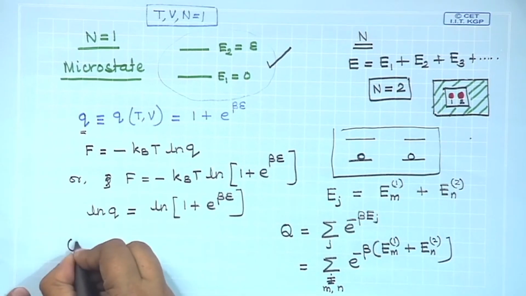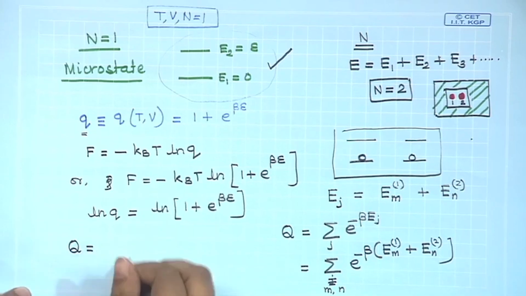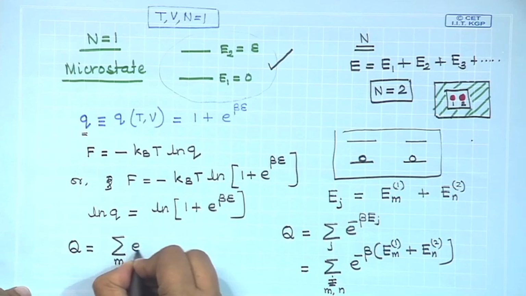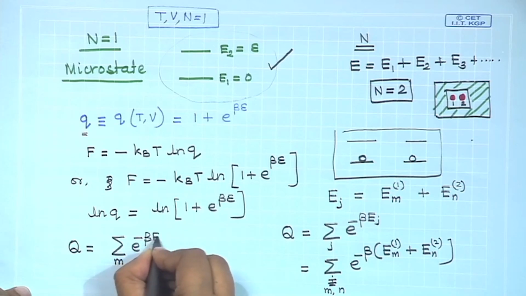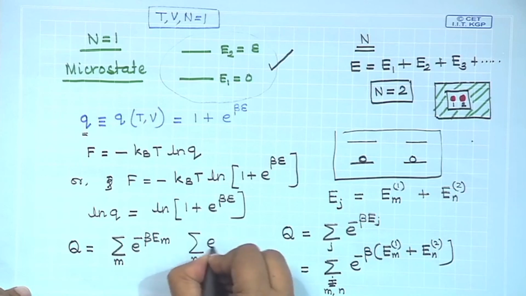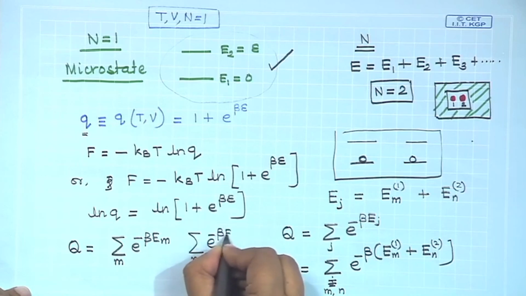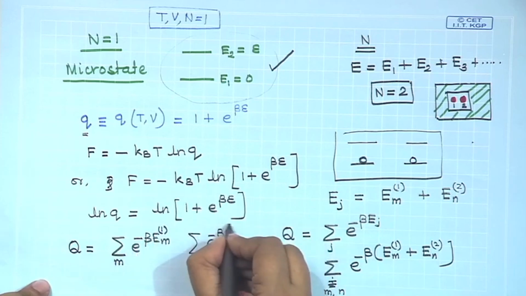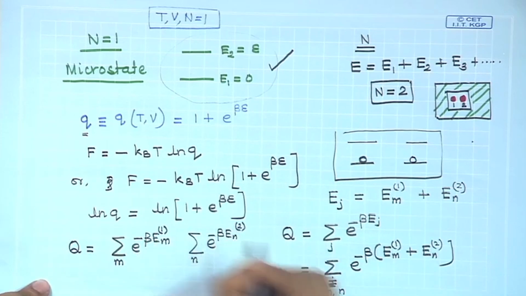So, in practice, what I have now is two terms: the sum over m of e to the power of minus beta E m, and the sum over n of e to the power of minus beta E n. This is for particle 1 and this is for particle 2.